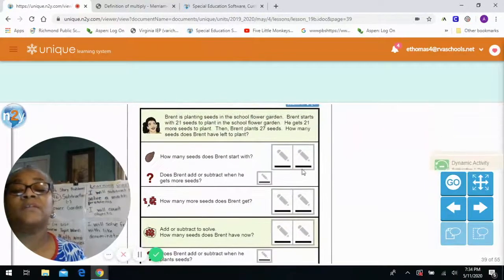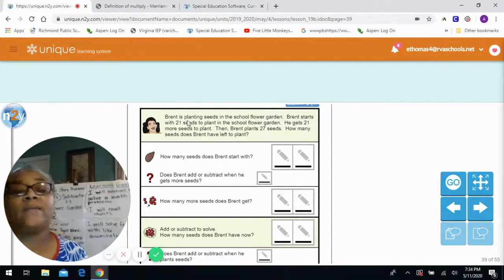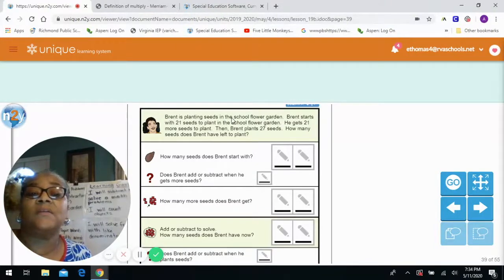Okay, let's see. Let's do this one. So it says Brent is planting seeds. So we're going to have a subtraction in this one and we're going to have addition. Okay, so Brent is planting seeds in the school flower garden. Brent starts with 21 seeds to plant in the school flower garden.